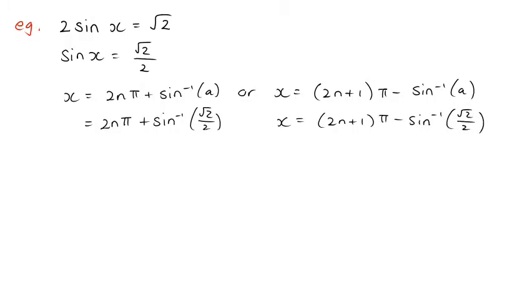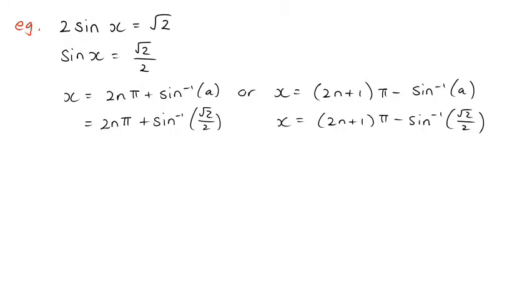Now, what is inverse sine of root 2 on 2? It is not commonly one of the triangles that we use. It is, it's just one of them has been multiplied by a scalar. It's been multiplied by a number, every side of the triangle.